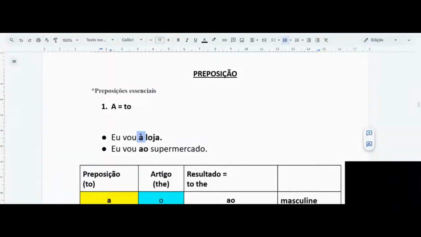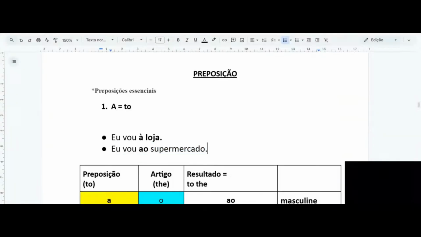How did we get it? These are some of the things you need to know tonight. The first sentence, Eu vou à loja, means I'm going to the store or the shop. The second sentence, Eu vou ao supermercado, means I'm going to the supermarket.